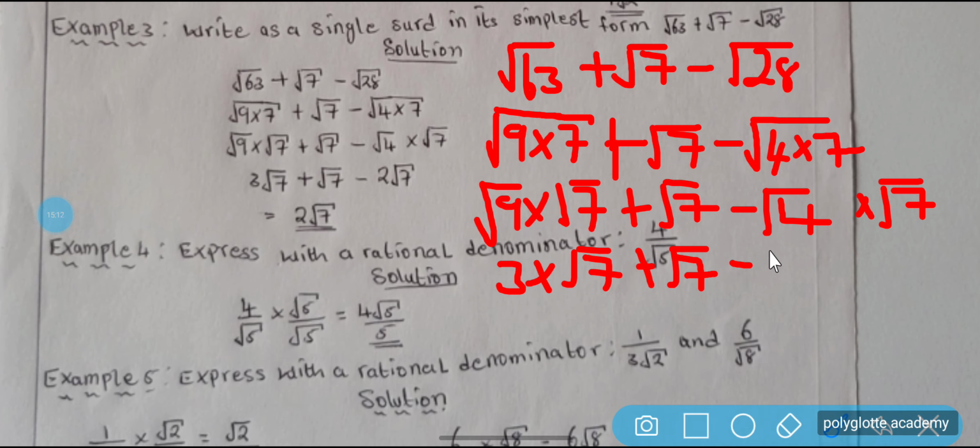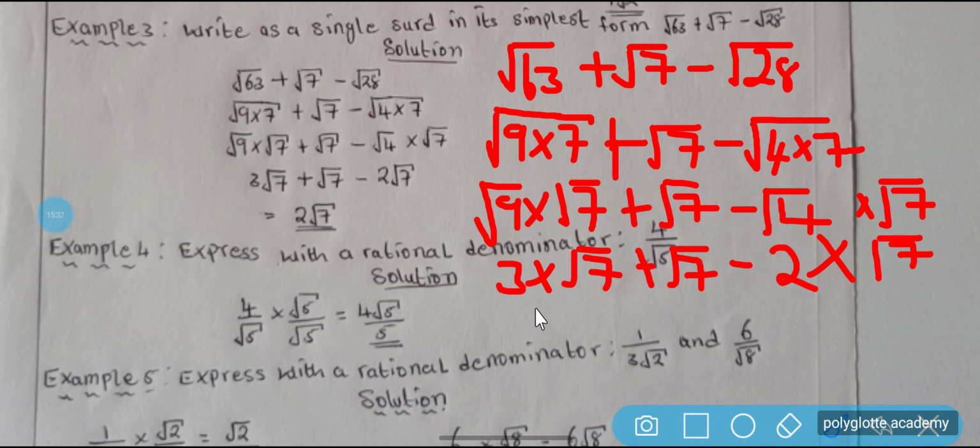Root 9 is 3 and root 4 is 2. The square root of 4 is 2 and the square root of 9 is 3, times root 7.